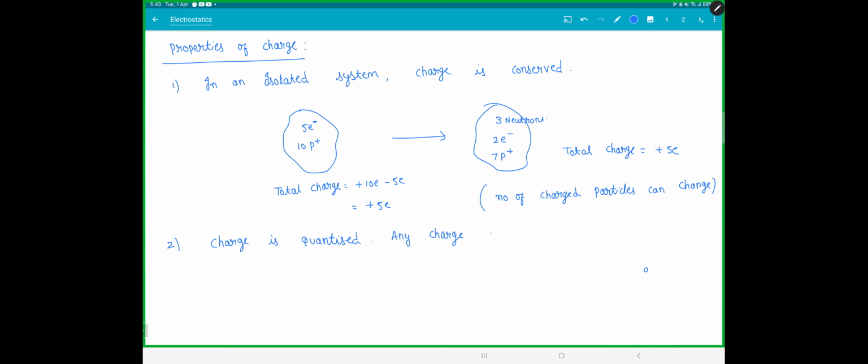So any charge transfer is an integral multiple of an electronic charge.